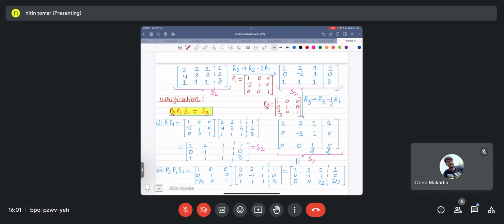If P2 with P1 becomes an identity matrix, it need not be the case. In this particular example P2 P1 cannot be identity, because if P2 times P1 were identity, then S1 would be the same as S3, which is not the case.